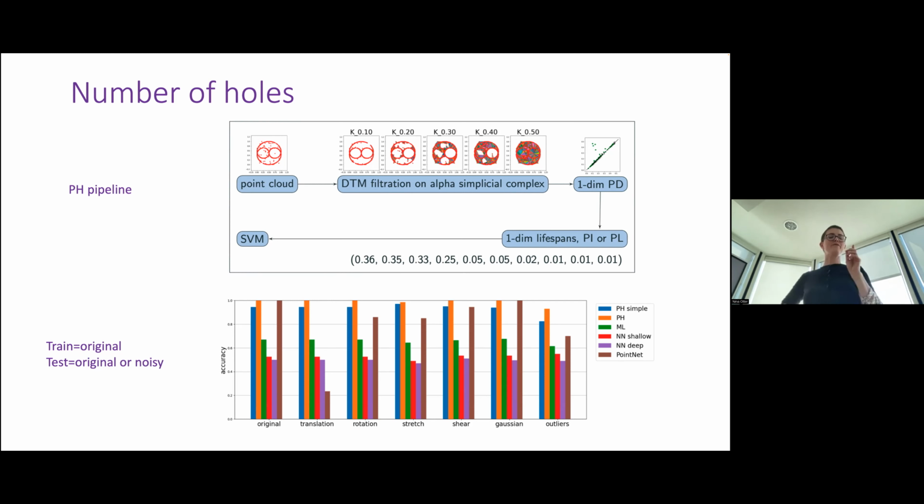Of course, in this comparison we did not try to optimize the other pipelines. This is important to say, because ultimately for us it was not about trying to say who is the winner. It was more about trying to understand whether persistent homology works, and also to compare with other techniques out there.